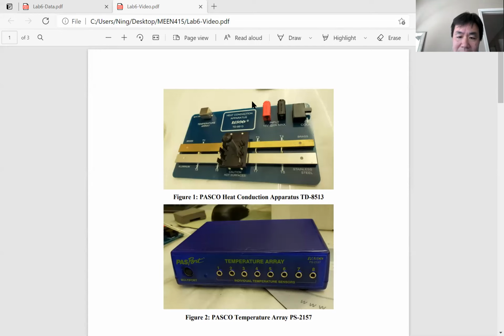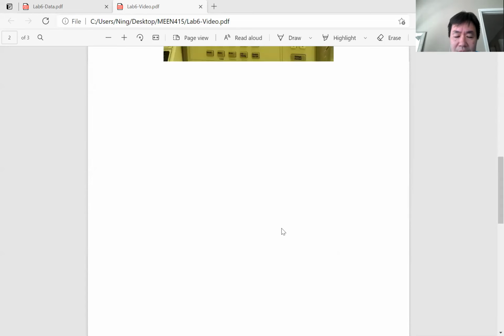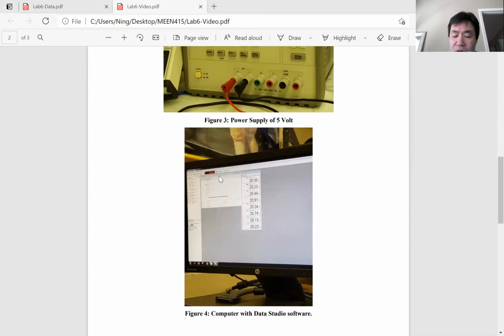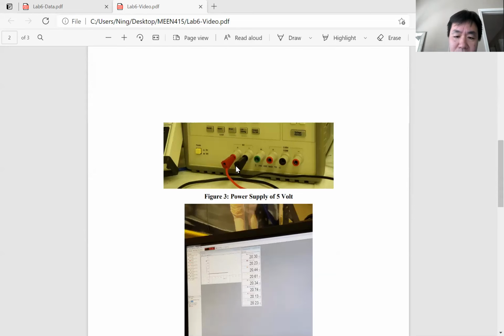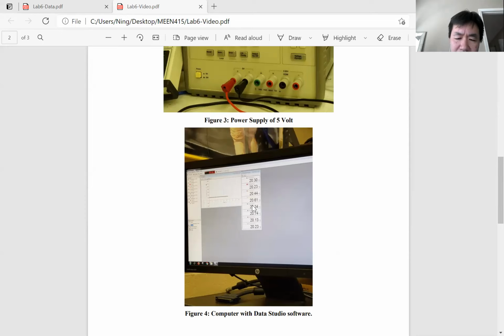The other end, this port, will be connected to the temperature array, which will be connected to a computer. Actually, there's a software, Data Studio, installed in the room, in the ETL 109, right? And every computer can read the temperature data. I show a screenshot here.